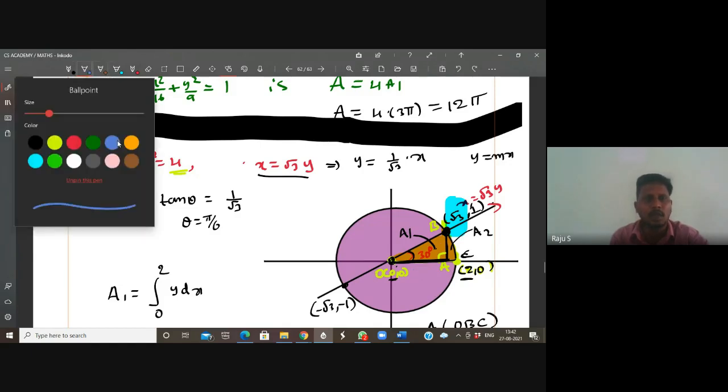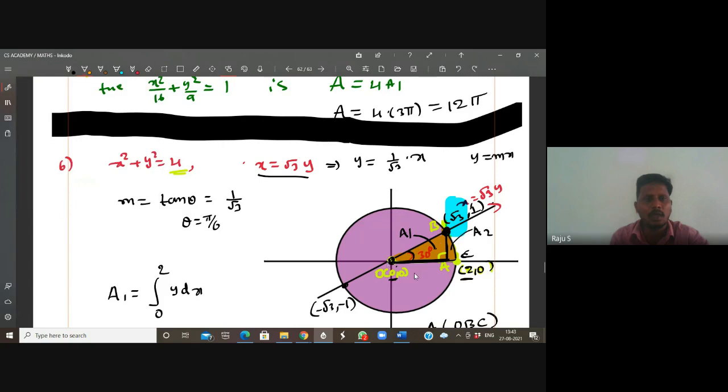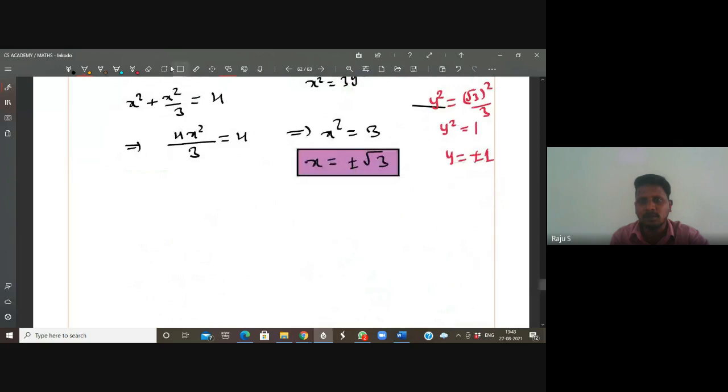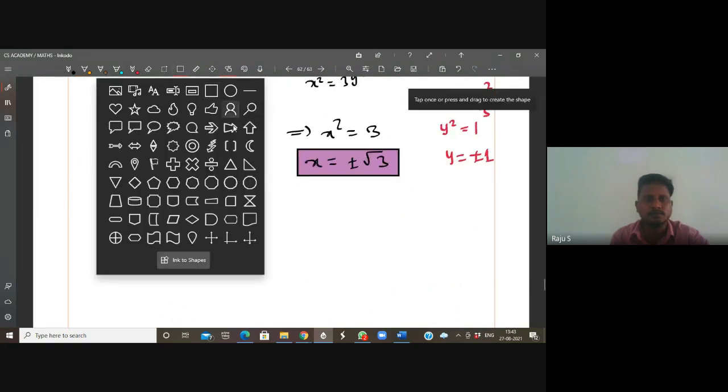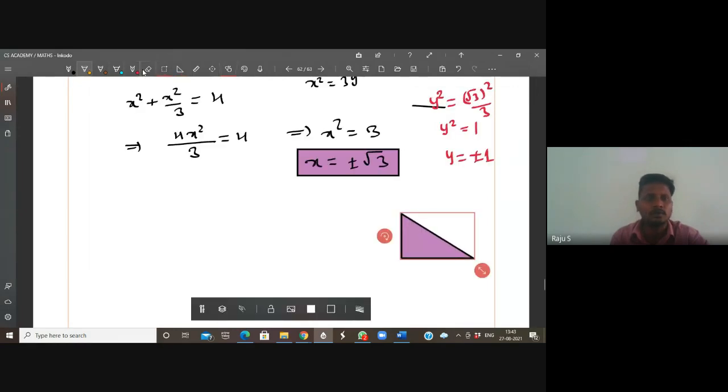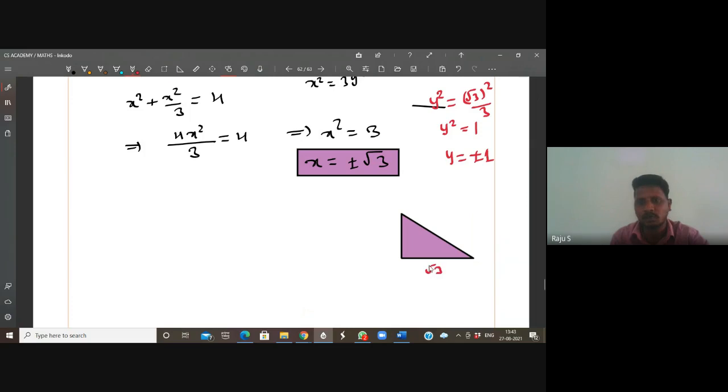Root 3, am I right? So this is clearly root 3. Then what about height? Height is 1. So base is root 3, height is 1.